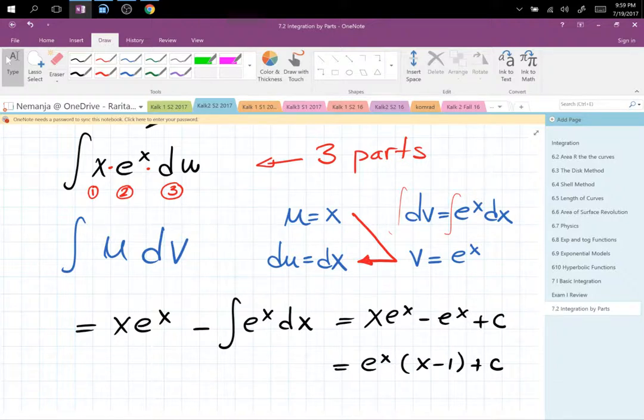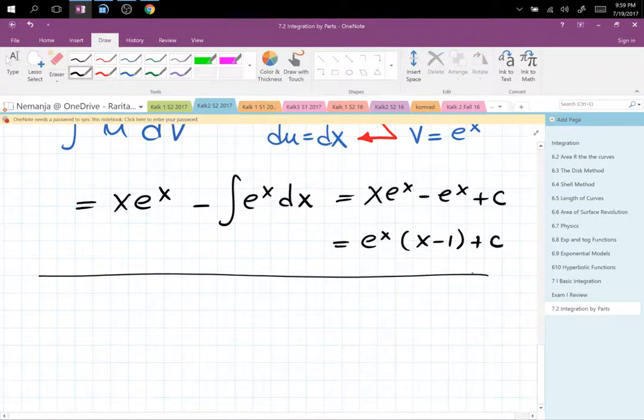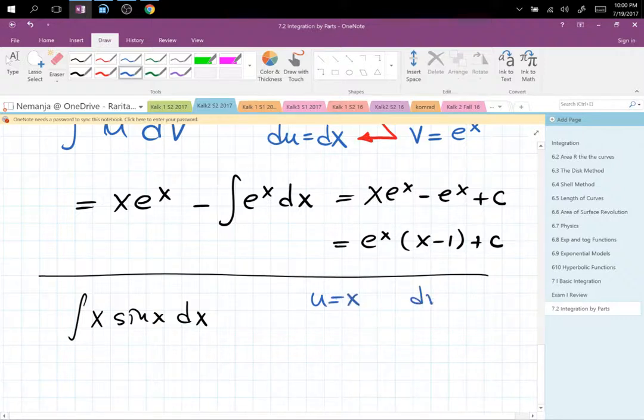All right, let's take a look at that sign question together, and then pick some other interesting problems to work on. By the way, this is it. Now, you will sometimes have to do it twice in a row, 3 times in a row. That's all it is. So integral x sine x dx, we are going to pick u equals x, dv equals sine x dx.